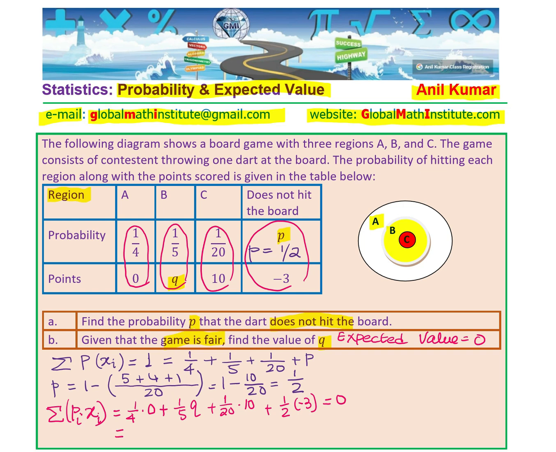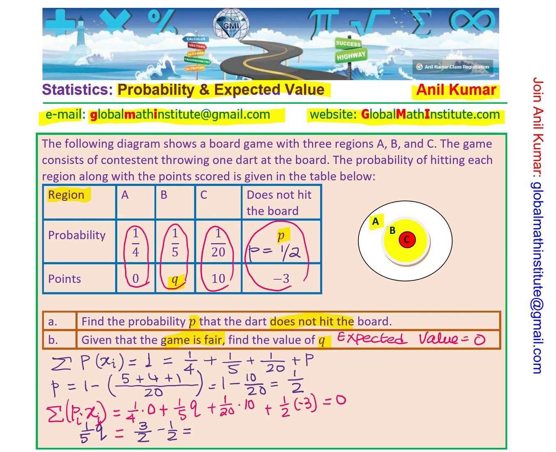So let's rewrite this. We can rewrite this as 1 over 5 of q is equal to, taking this term, 3 by 2 on the right side. And the other term is 10 divided by 20, which is half, correct?